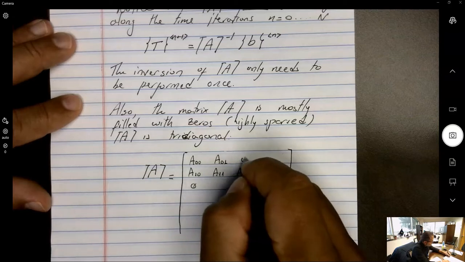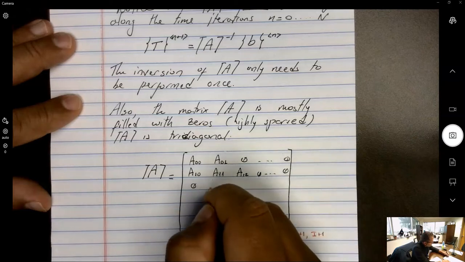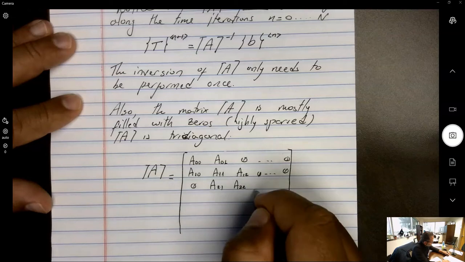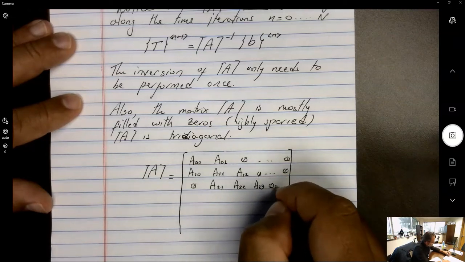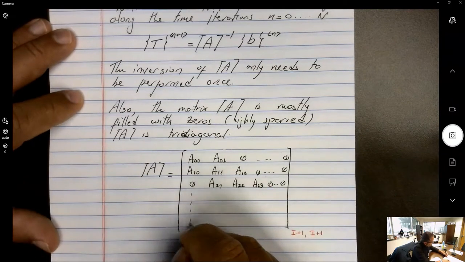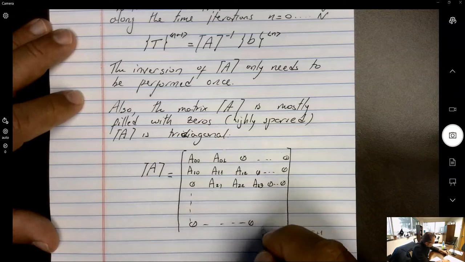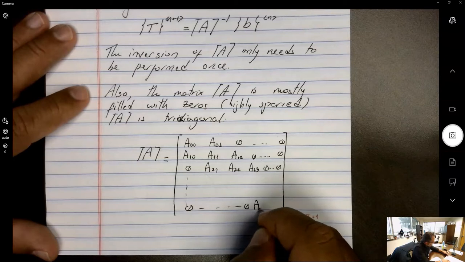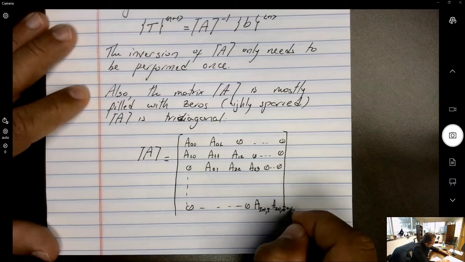Then it will have 0, a 2,1, a 2,2, and a 2,3, and then a bunch of zeros, leading to a I plus 1, comma I, and a I plus 1, comma I plus 1.